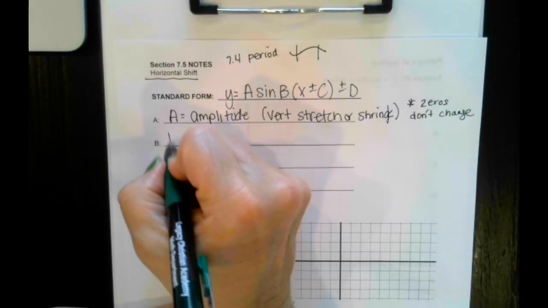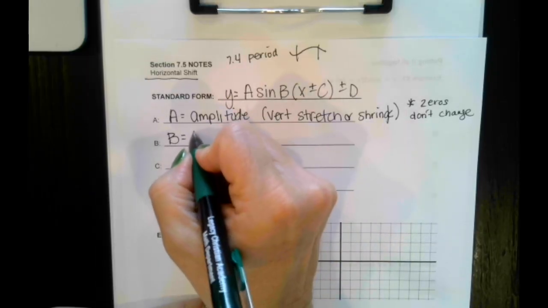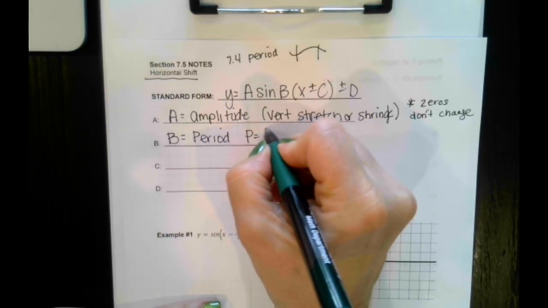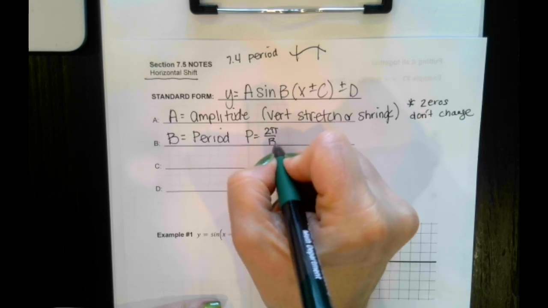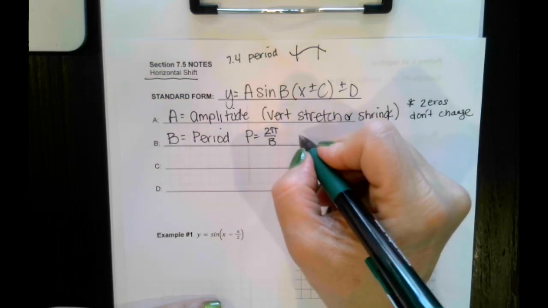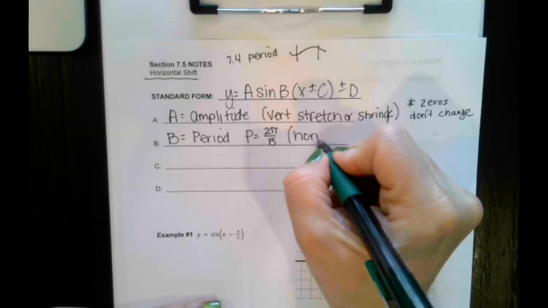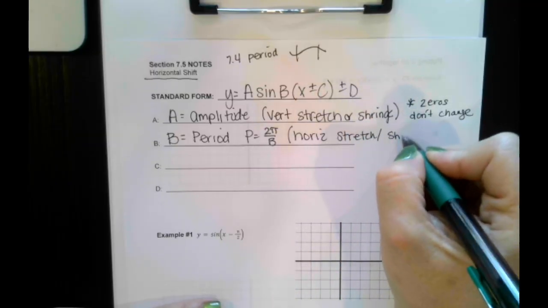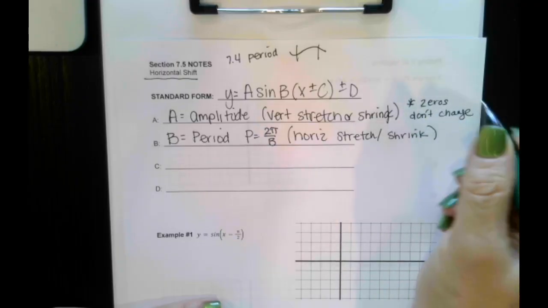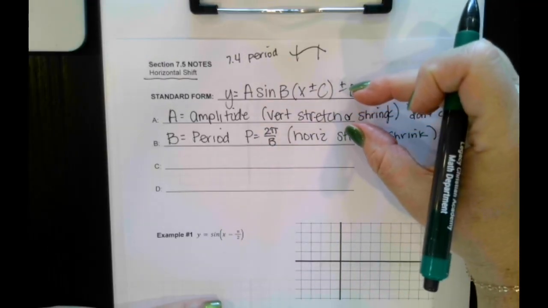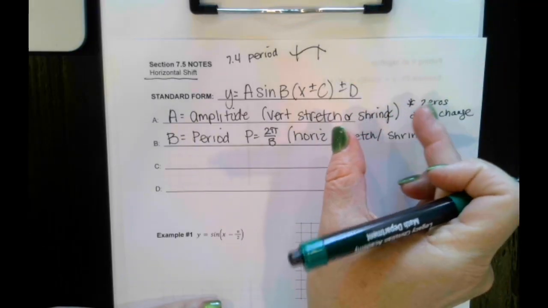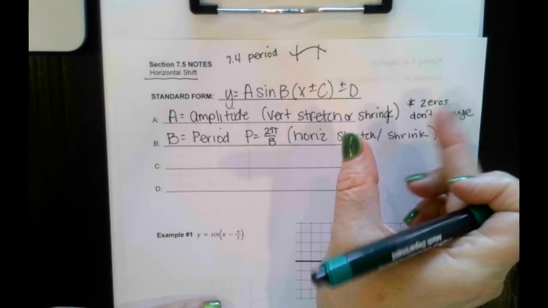Okay, so we just talked about B, and we know that B is our period, and our period formula is 2 pi over B. This is going to be our horizontal stretch or shrink. So what's the difference? Our amplitude tells us how far up and down we're going to go, and our period tells us how far we're going to stretch or shrink.